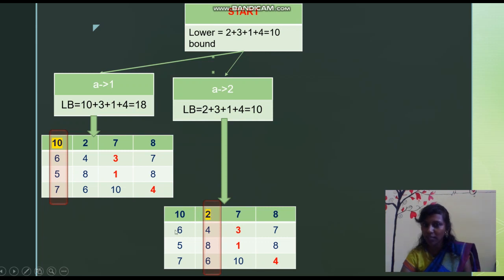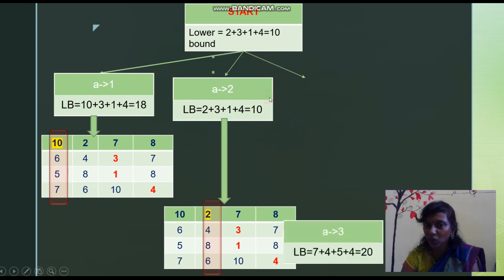So 2, and the remaining you should not take from this particular column alone. You have to take from columns 1, 3 and 4. You have to take a minimum value from those 3. So 3 plus 1 plus 4.